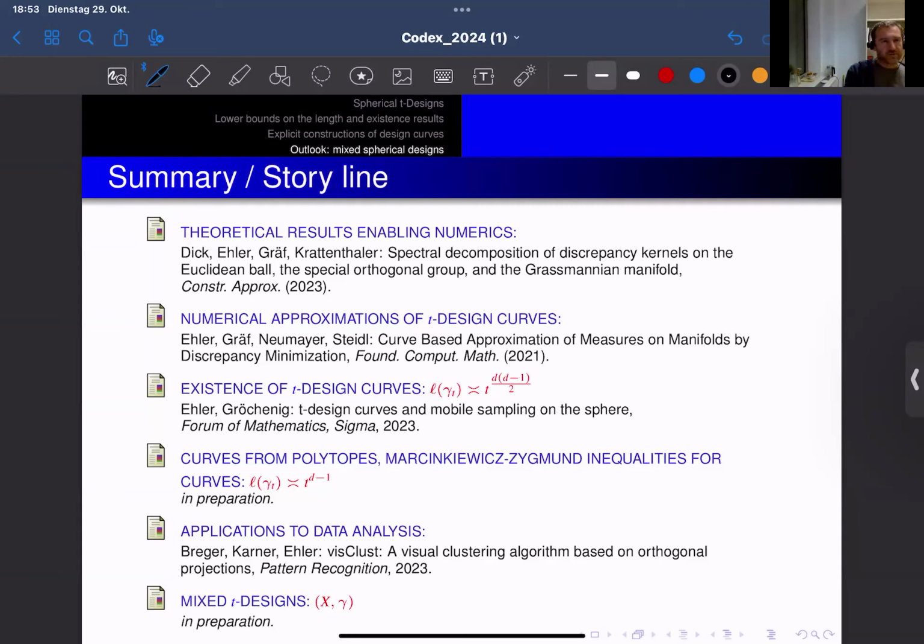We have shown you a way to generate a lot of examples of curves from convex polytopes, from the edges of convex polytopes. And we have applied this in some way to data analysis. Certainly as work in progress, I've shown you some ideas about mixed t-designs where we combine points and curves.